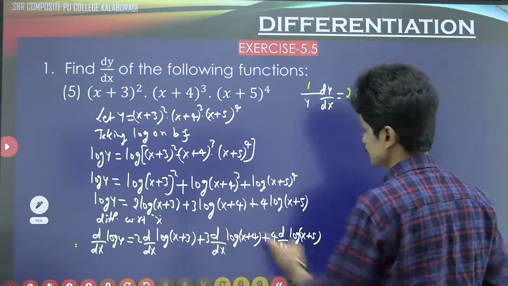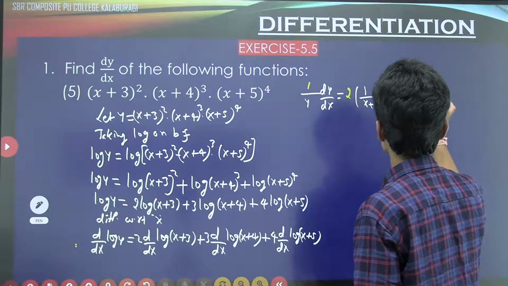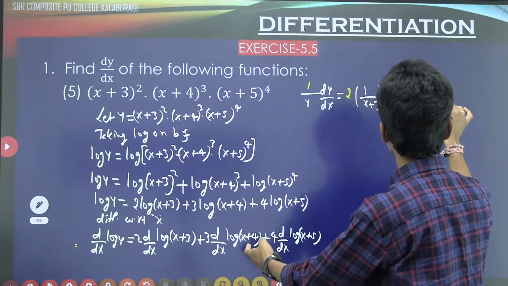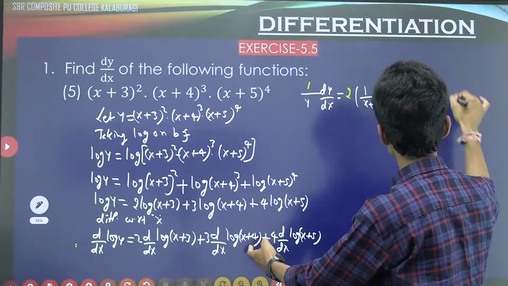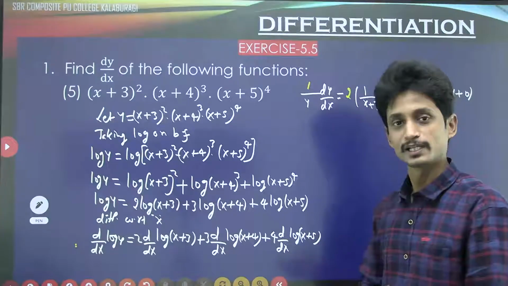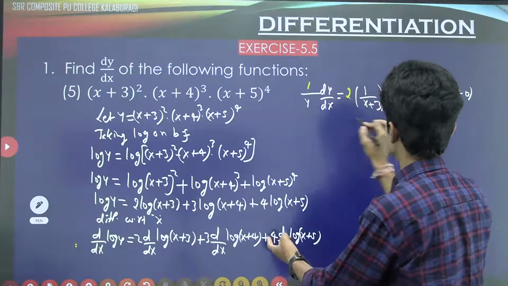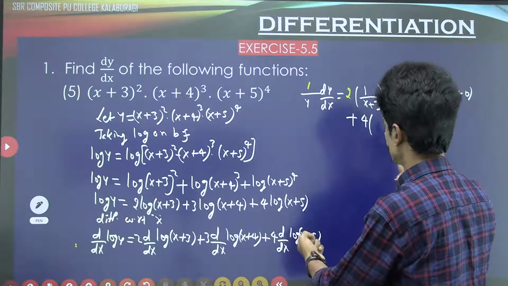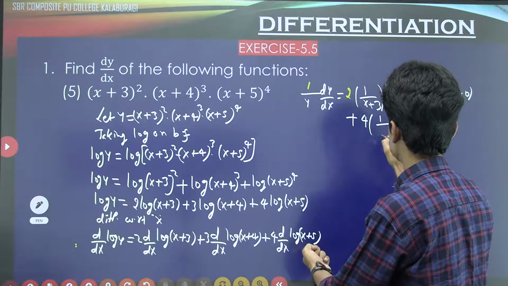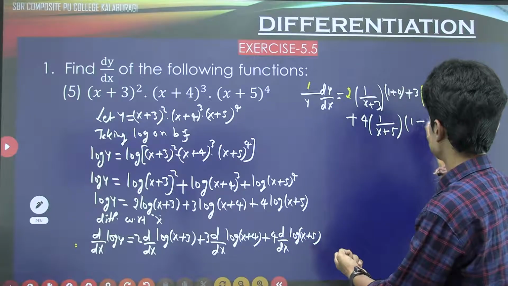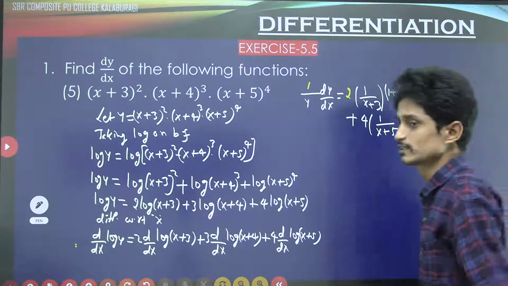Next, apply to the next function, that is plus 3 into the derivative of log of something, 1 divided by something, and that something's derivative, x derivative is 1, constant derivative is 0, plus this 4 write as it is into the derivative of log, 1 divided by x plus 5, and x derivative is 1, constant derivative is 0.